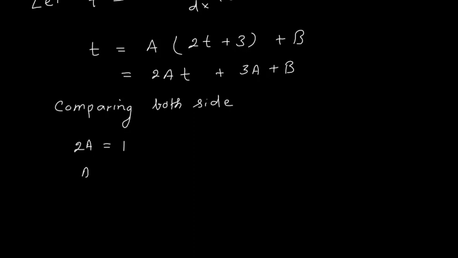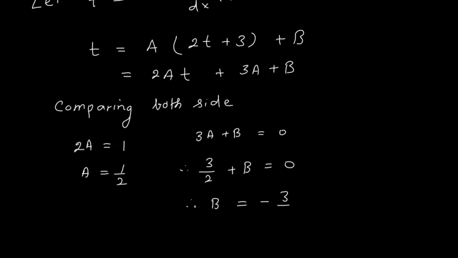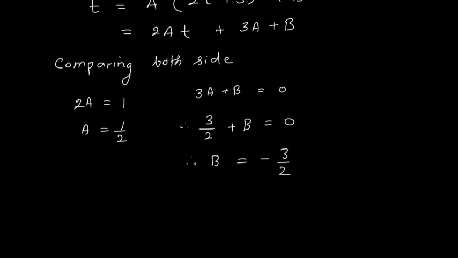That gives me the value of a as 1 upon 2, and 3a plus b I will get 0. So therefore 3 upon 2 plus b is 0. Therefore the value of b is minus 3 upon 2. So we have the value of a and the value of b. The value of a is half, the value of b is minus 3 by 2.